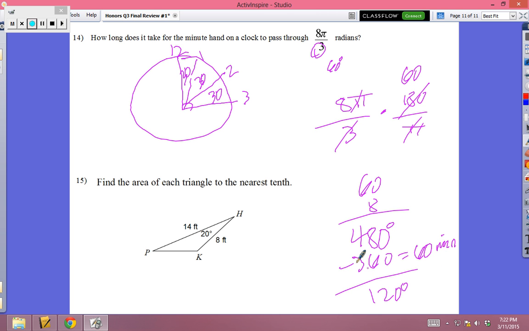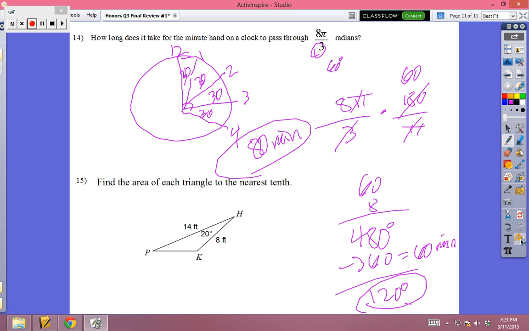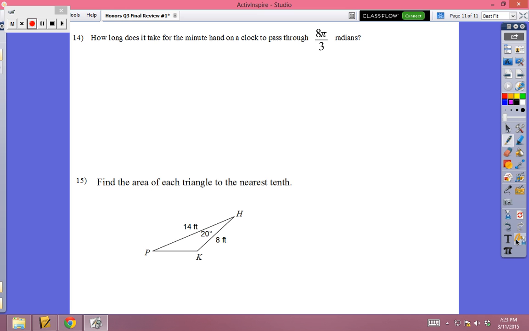And then if I do 30, 60, 90, 120, that's what I need, is an extra 120, so I need 20 more minutes. So 60 minutes and 20 minutes, it's going to take 80 minutes for that to rotate through 8 pi over 3 radians.